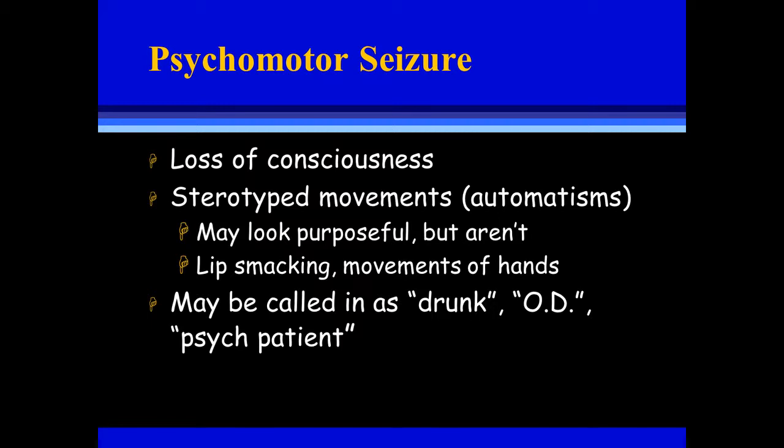So I could be awake sitting here, and it may look like I'm having purposeful movement, but it's not. Such as I could be trying to snap my fingers, but I'm out. I'm gone. I'm seizing.